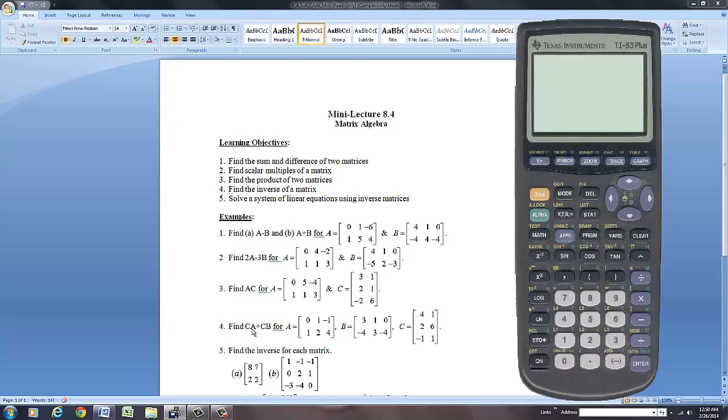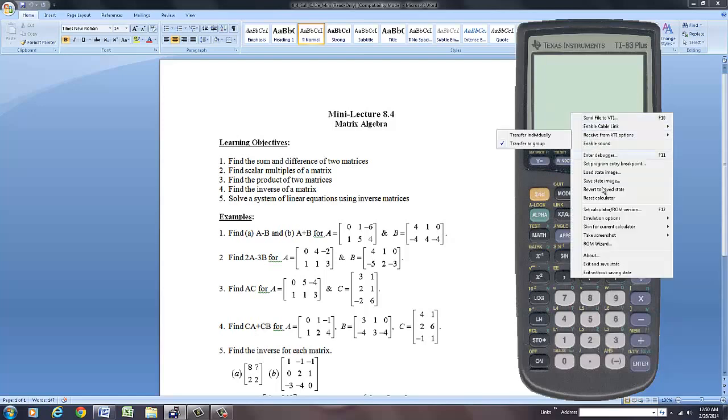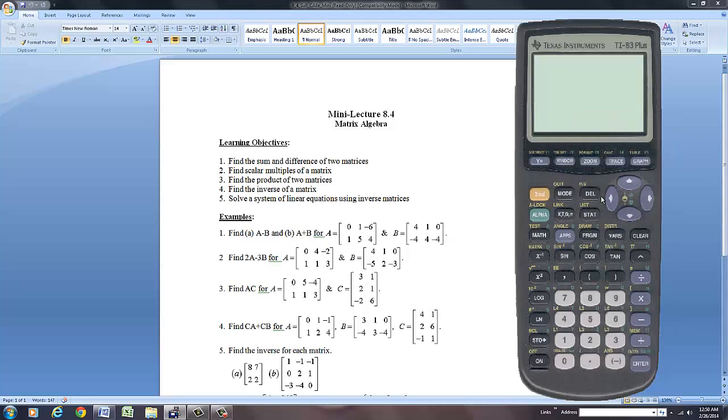It has 3 matrices A, B, and C defined. So again, I'm going to reset my calculator so that I clear the memory, so I can use those same matrices. Okay, matrix A. Go over to edit. A is dimension 2 by 3, 2 rows, 3 columns.